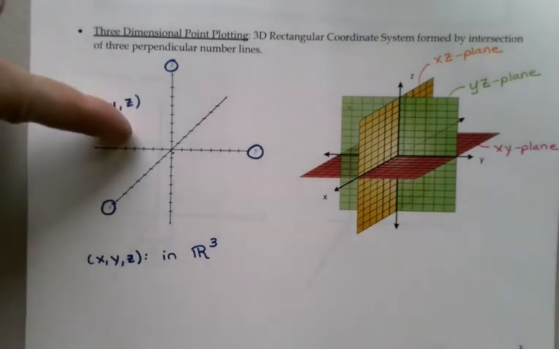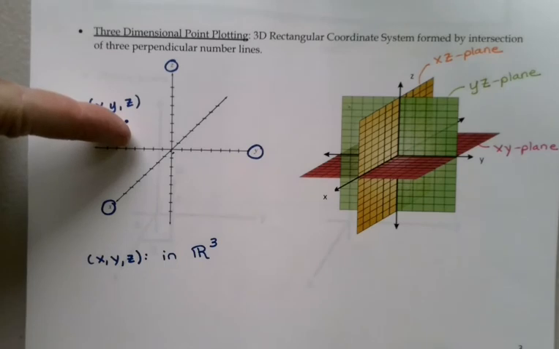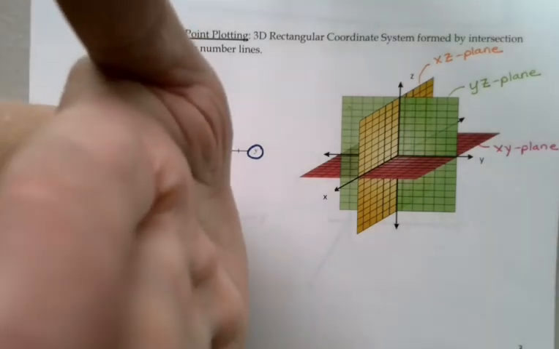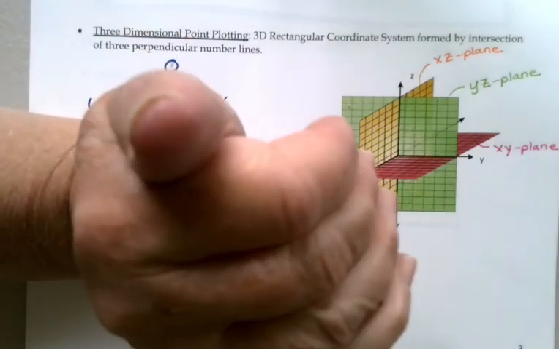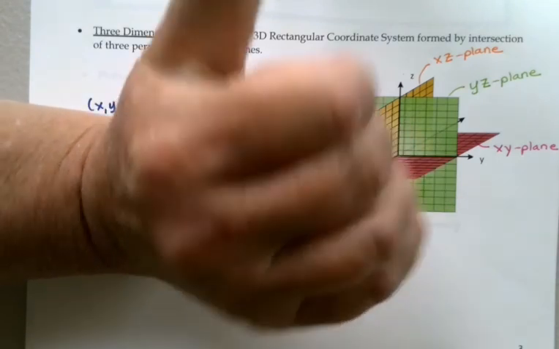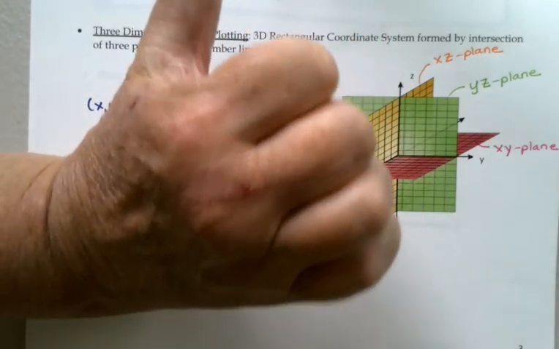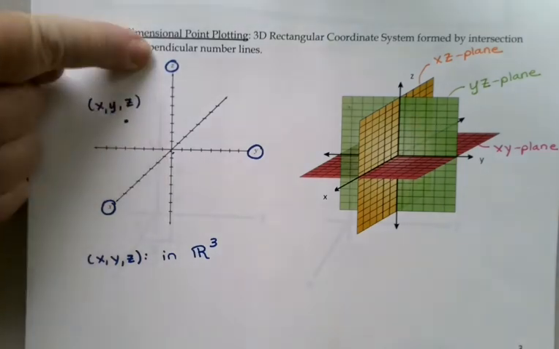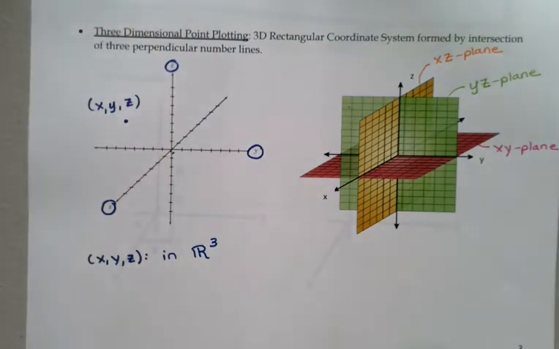So the x-axis is technically pointing straight out, so my hand would be straight up, and I'm going to curl my fingers toward the y-axis, and notice that my thumb ends up pointing up. Up is the positive z direction. Because that's true with my right hand, this means that I am in a right-hand coordinate system.